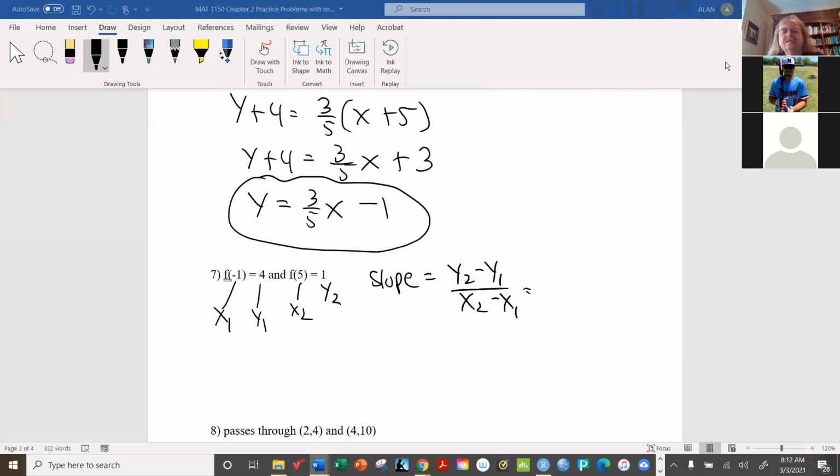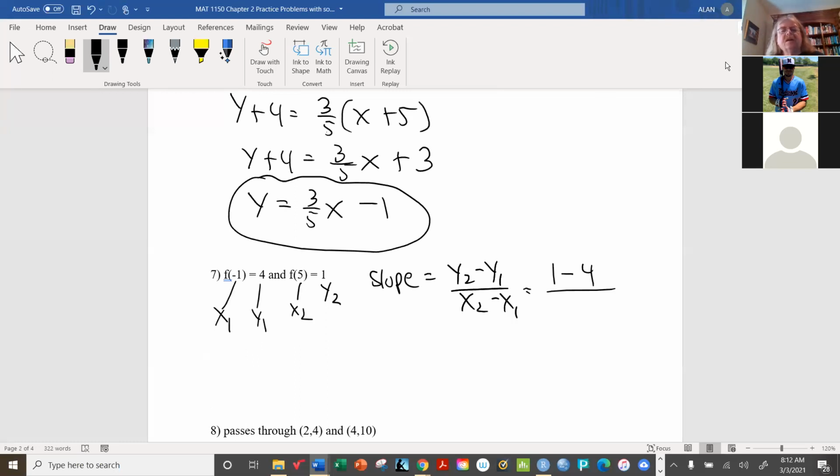I can remember that those are y2 and y1 and so on, but I don't really get why they are y2 and y1 and x2 and x1. Okay, because the 1 and the 2 part are completely arbitrary. Either one could be 1, either one could be 2.